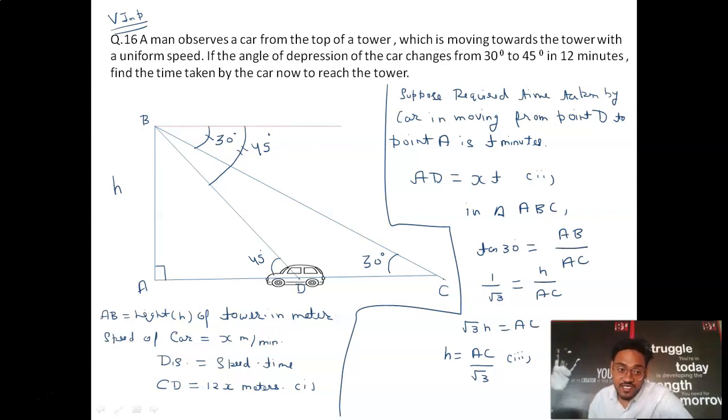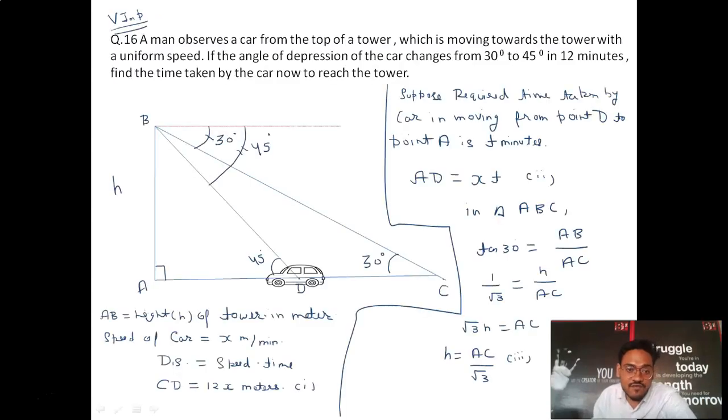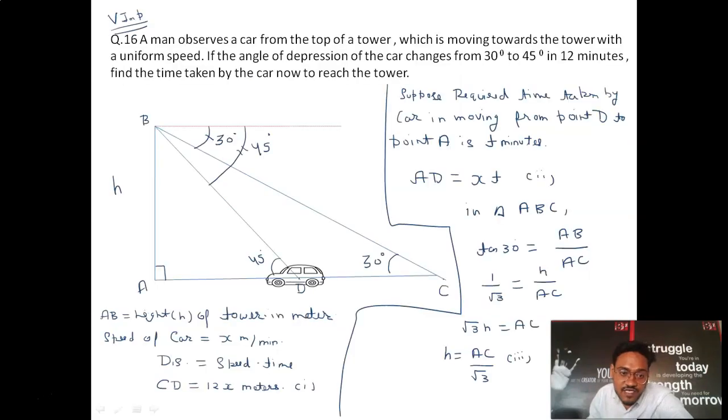Now we have to take another triangle, triangle ABD. In triangle ABD, what is the value of tan 45 here? Tan 45 degree is going to be AB upon AD. AB is H, so after cross multiplying I get AD as H. So I got H equal to AD. And that was bound to happen, because the angle is 45 degrees, so perpendicular and base are equal. Clear?